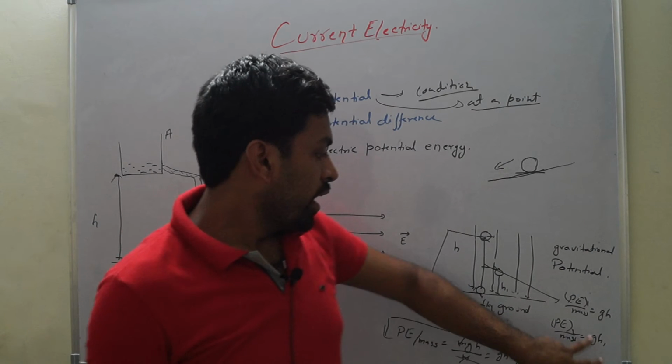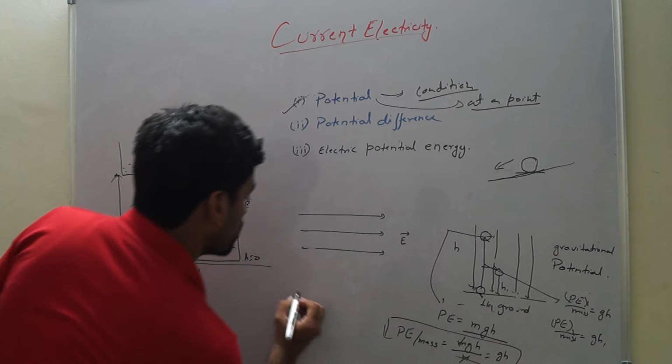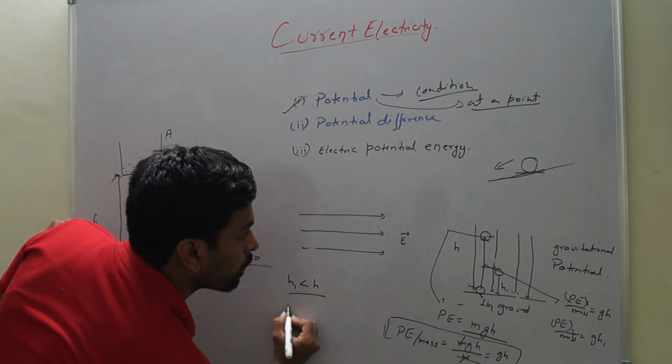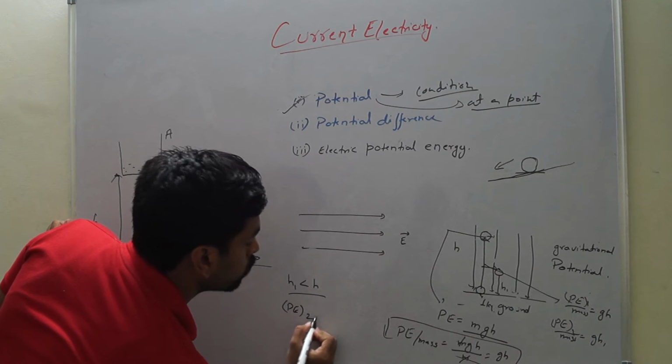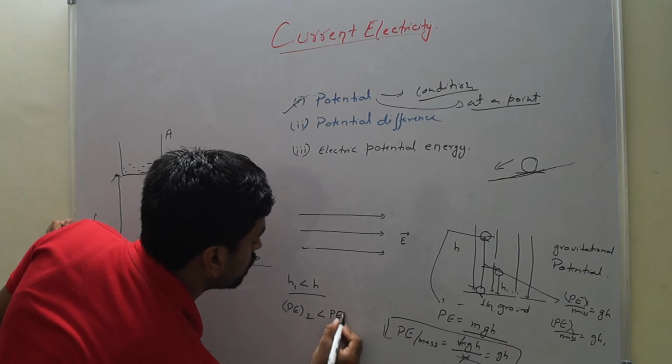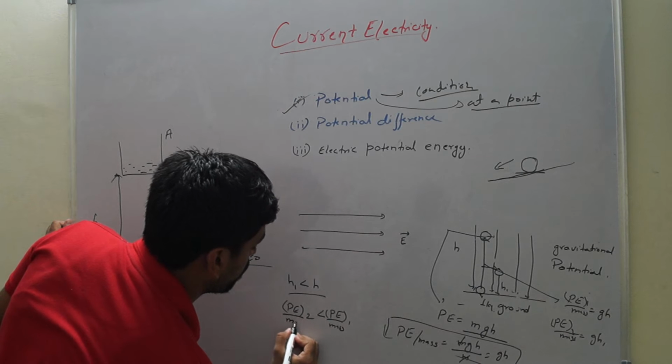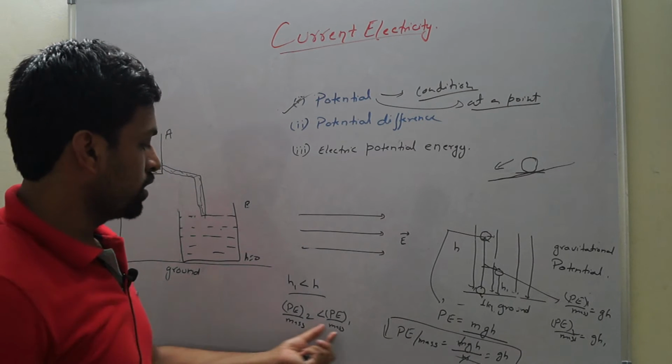And as h1 is less than h, hence PE2 is less than PE1.